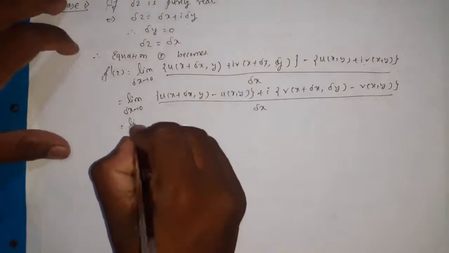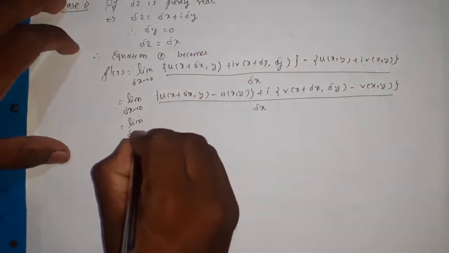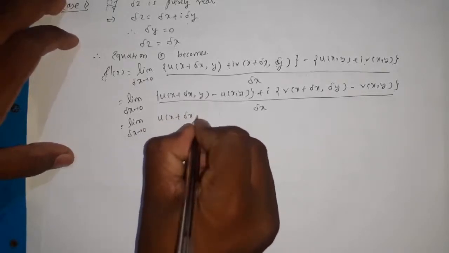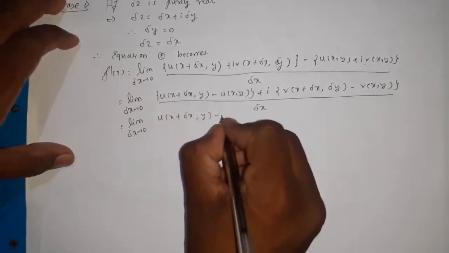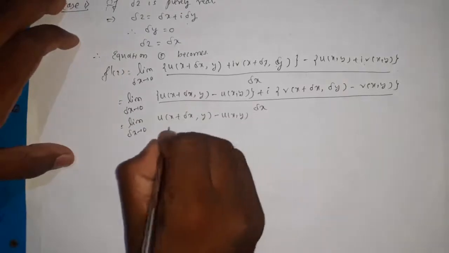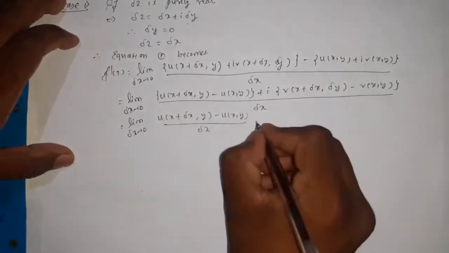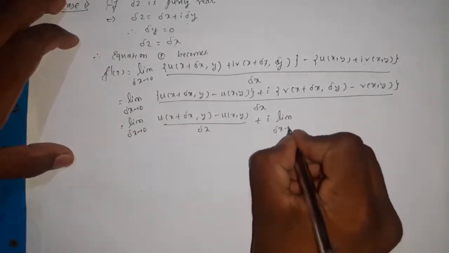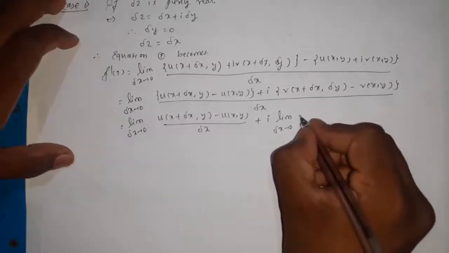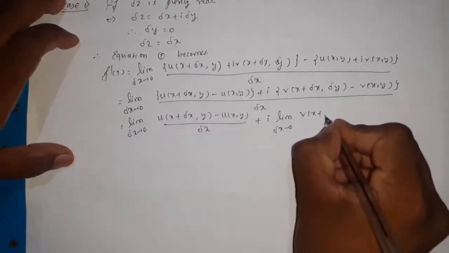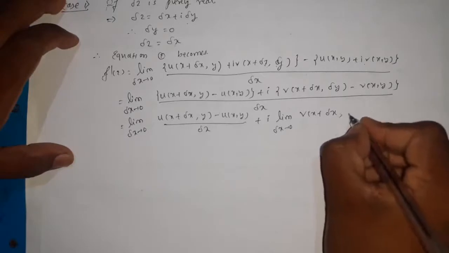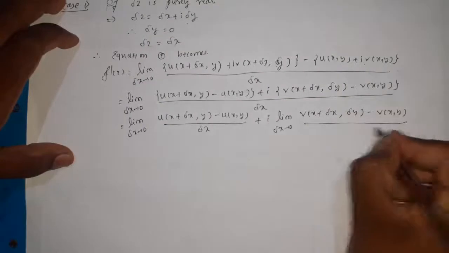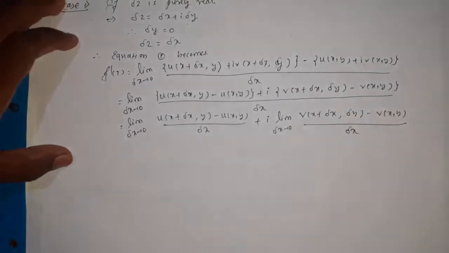So then that becomes limit as delta x tends to 0, u of x plus delta x comma y minus u of x comma y divided by delta x plus I into limit as delta x tends to 0, v of x plus delta x comma delta y minus v of x comma y divided by delta x.